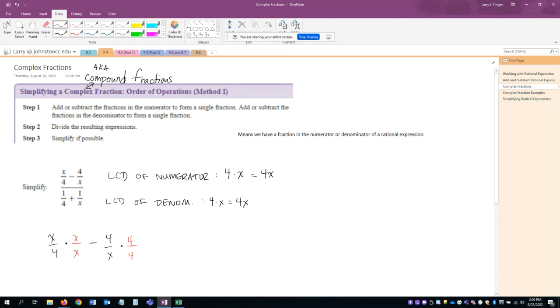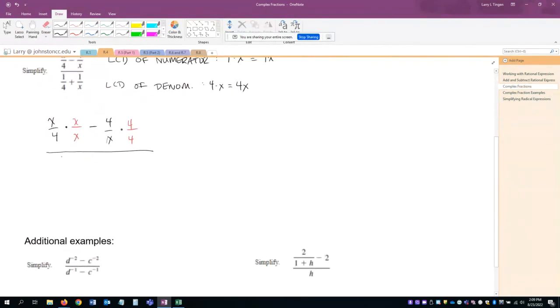This is the numerator of the original, divided by the denominator, which is 1/4 plus 1 over x. Let me talk it all the way out.